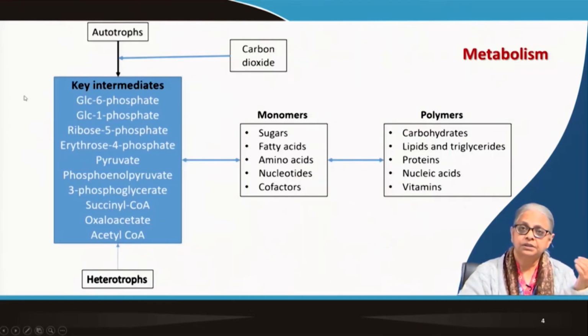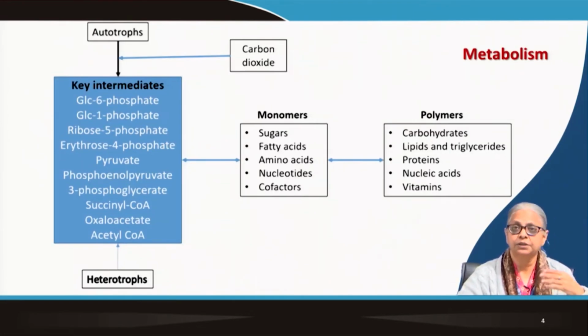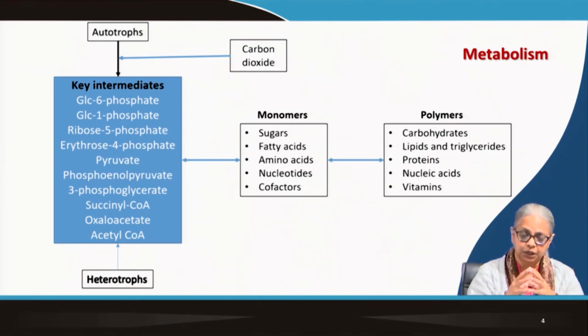Now, as I mentioned, in catabolic and anabolic reactions, there is a breaking down. In the catabolic part, the large molecules are broken down into monomeric units. There are also key intermediates. Nature doesn't spend too much time on creating everything from ground zero. There are key intermediates that are involved in both catabolic as well as anabolic reactions. So, they don't have to go down to CO2 all the time.